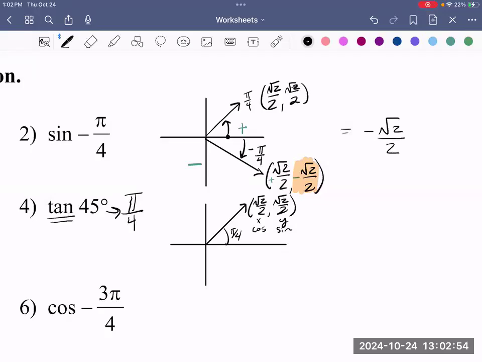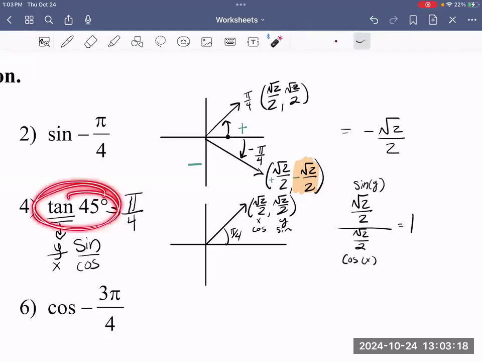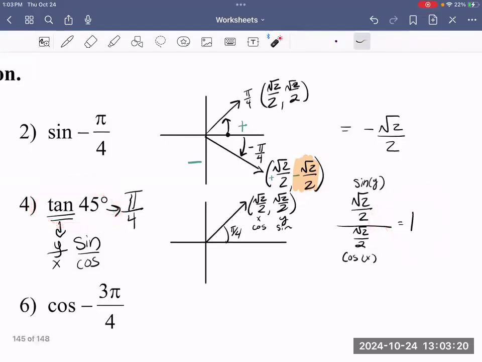Now to understand tangent is y over x, or sine over cosine, meaning that we are going to be taking these coordinates, this being your sine value or your y value, and the other being your cosine value or your x value. Now, when you have the same number over itself, it's equal to 1. So the tangent of 45 degrees is 1.